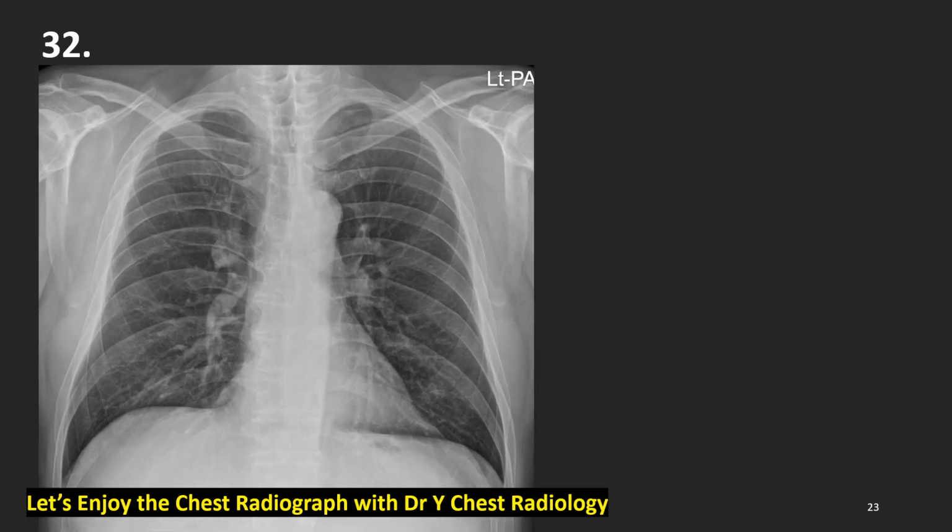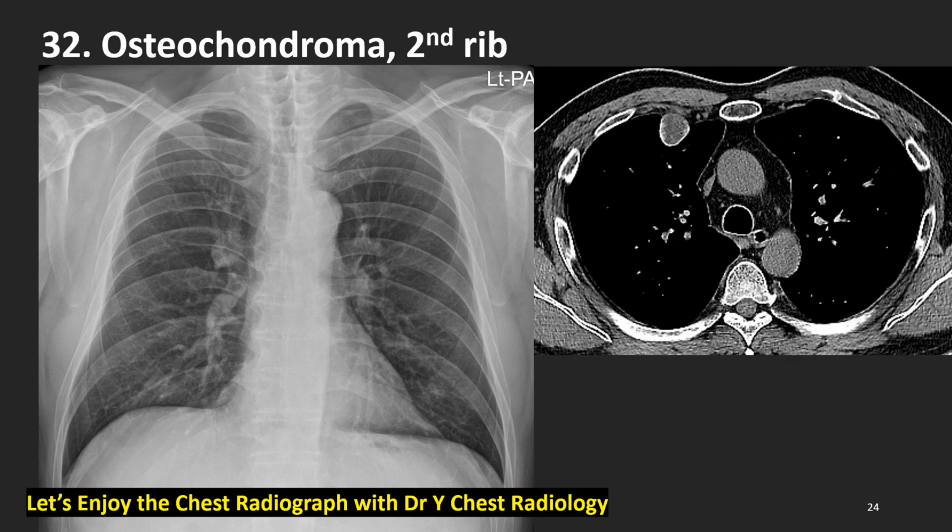Please look carefully. This middle-aged man's chest radiograph. Where is the abnormality? Watch closely and slowly. You got it? Where is it? What is that?